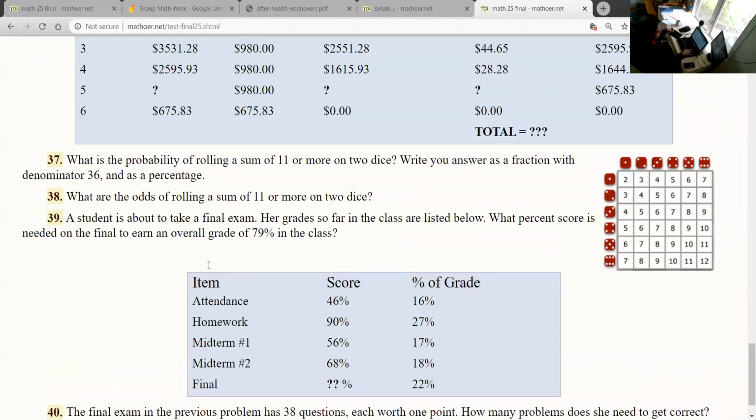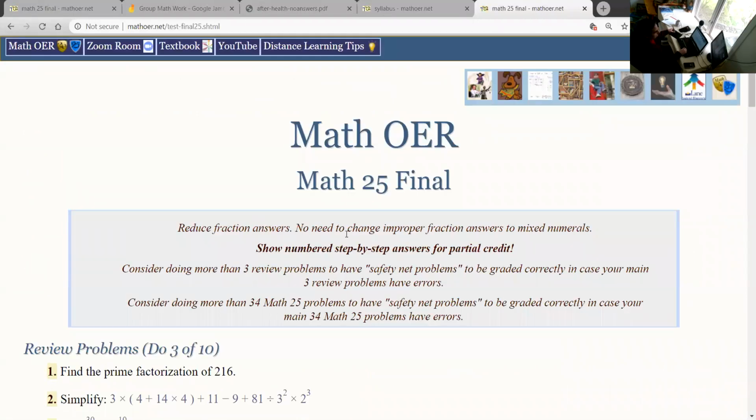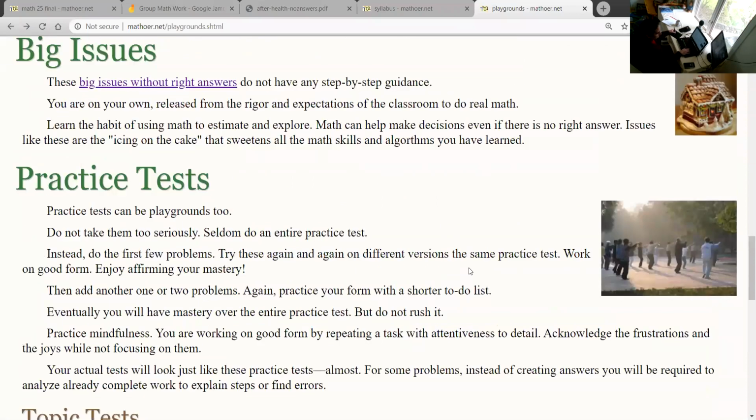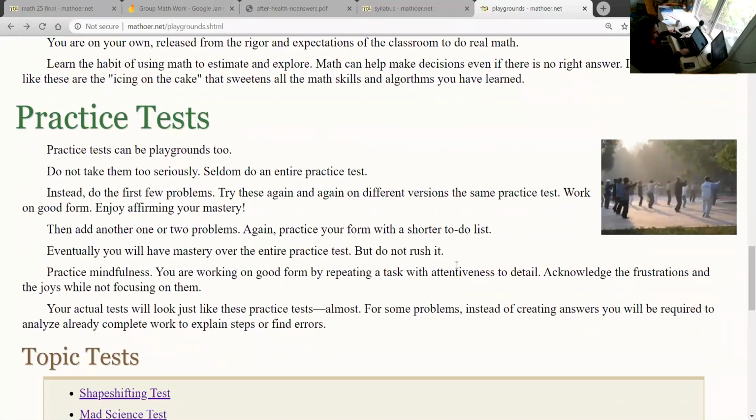So just practice a few problems at a time, because you can only learn a few things at a time, maybe even just one thing at a time. So don't treat it like a real final when you're practicing. Treat it more like you're learning Tai Chi or something, and do just a little bit and then a little bit more and a little bit more. And only after you can do 15 accurately, then next time you want to do a practice final, try 15, because they will be pretty fast. Does that make sense?